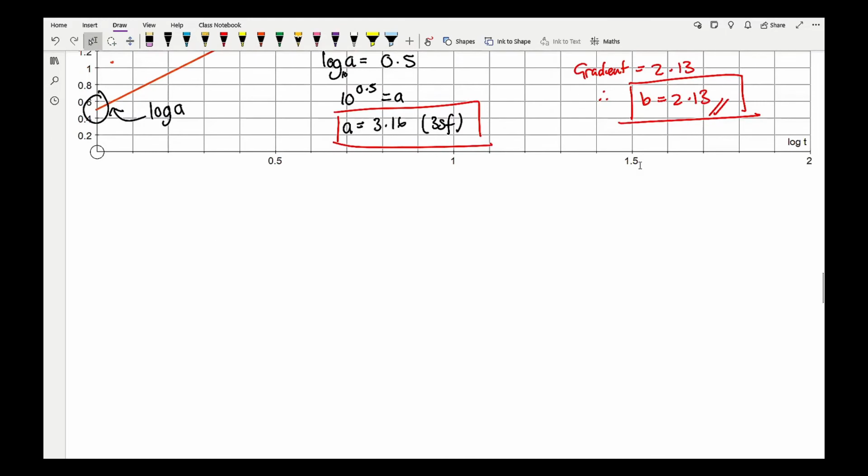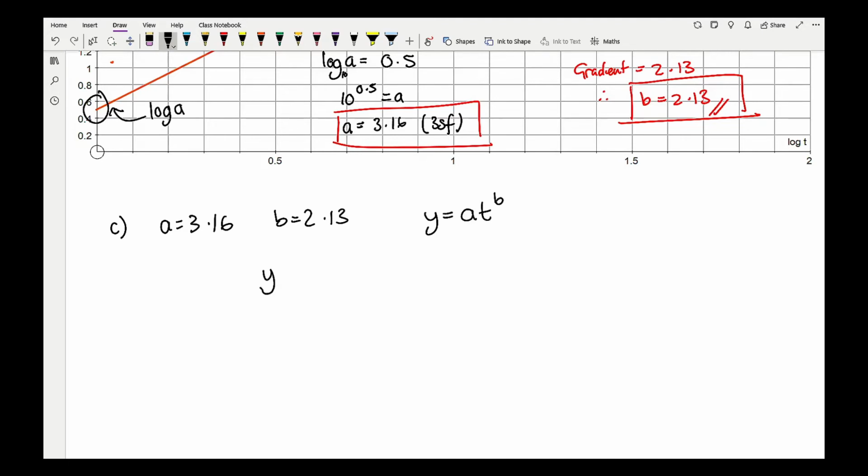So now that I know my values of A and B, for part C I've got the A value of 3.16 and my B value of 2.13, and the original formula was A times T to the power of B. So from this I can replace these numbers into the formula.